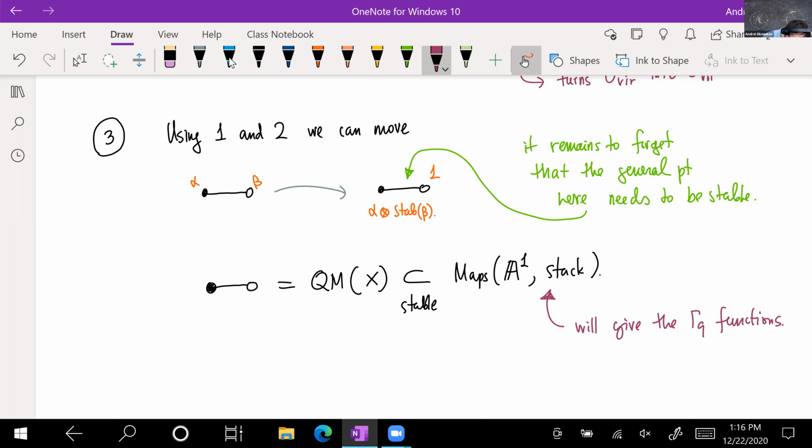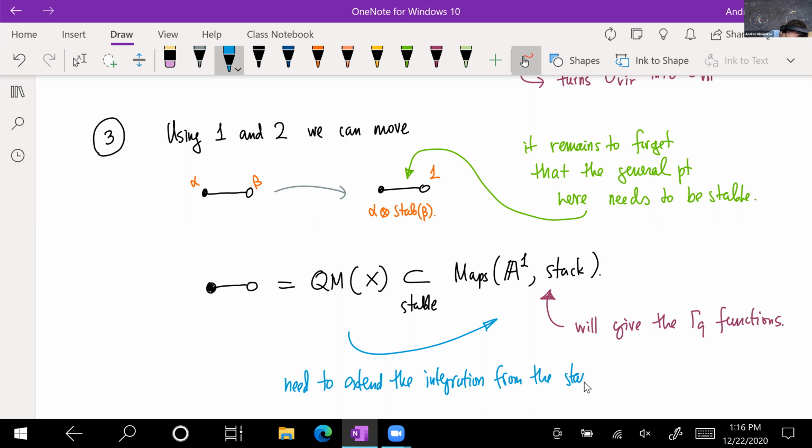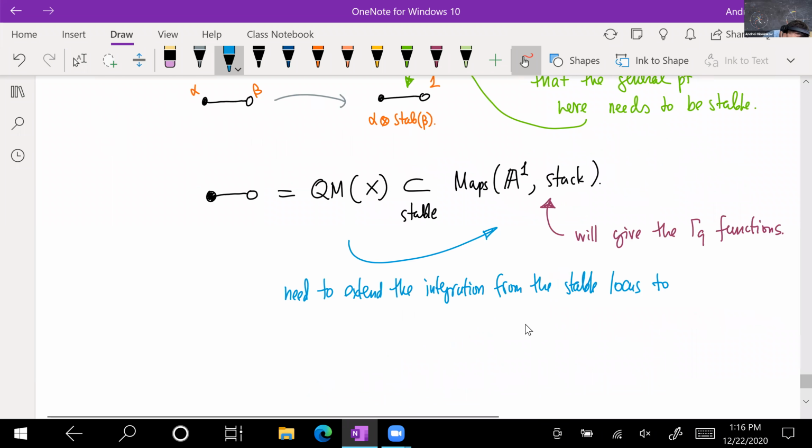So we need to extend the integration from the stable locus to the whole thing. So this is actually the hardest part.